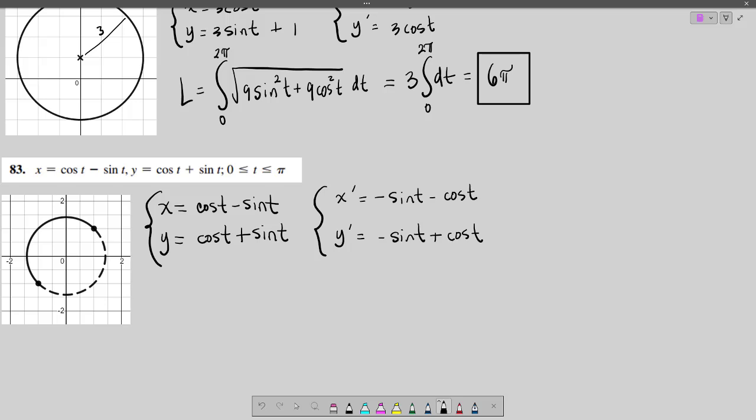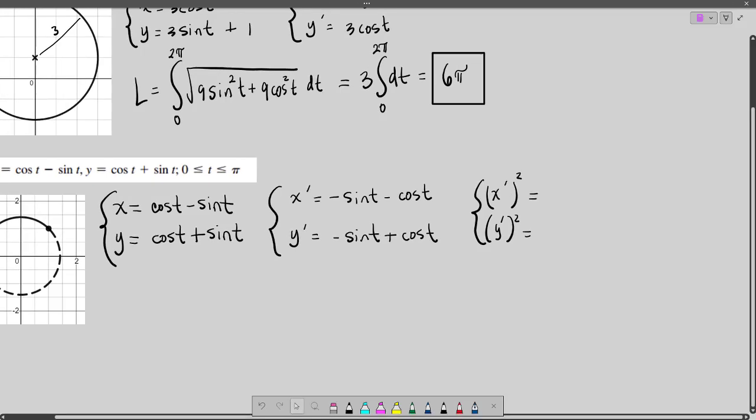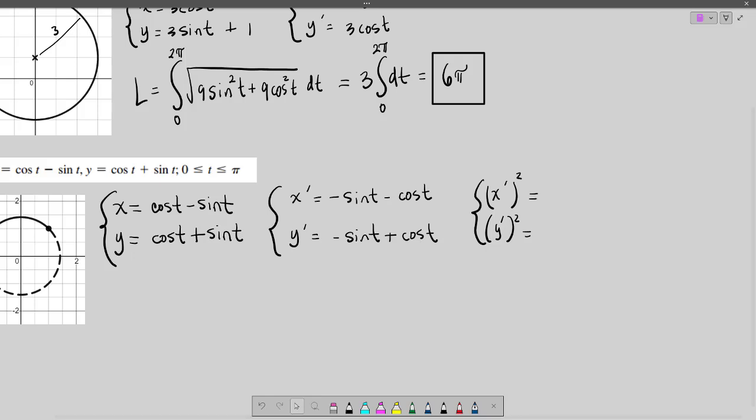Now we're going to have that nasty square root of x prime squared plus y prime squared. I'm going to square these separately just to not make too much of a mess. So we're going to FOIL that all out. This has to get multiplied by itself. Negative sine times negative sine is sine squared. Then we have to do this one times this one and double it, so that's going to be positive 2 sine cosine.